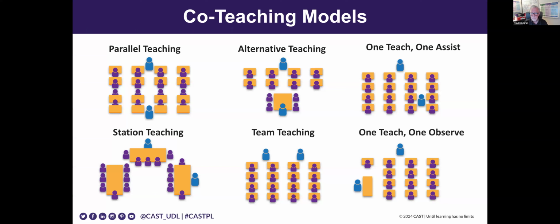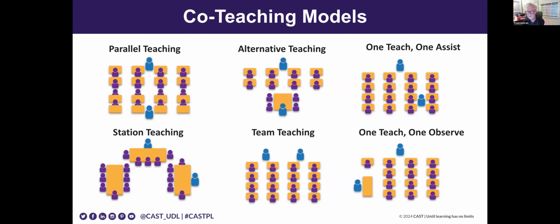We're going to go through and actually identify and name some of the co-teaching models for you today. We're going to talk briefly about parallel teaching, alternative teaching, one teach, one assist, station teaching, team teaching, and one teach, one observe.